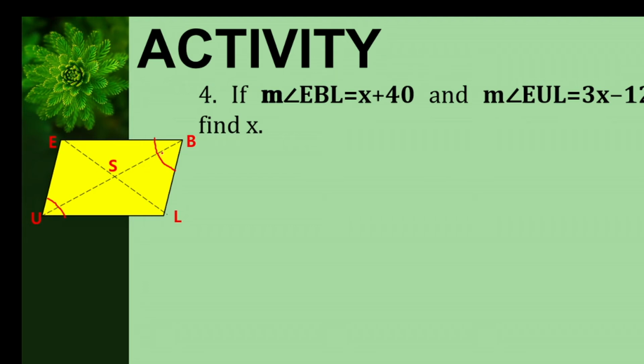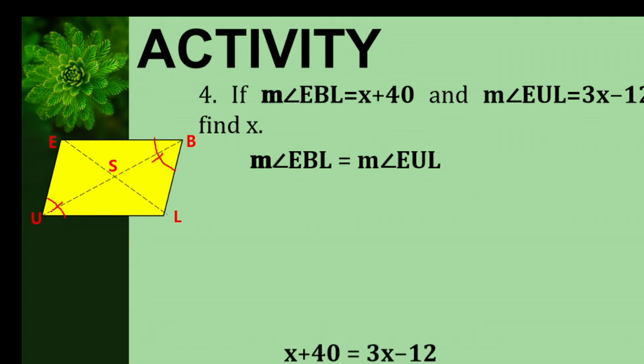Opposite angles of a parallelogram are congruent. So therefore, we can have our equation as the measure of angle EBL is equal to the measure of angle EUL. So we have x plus 40 is equal to 3x minus 12.